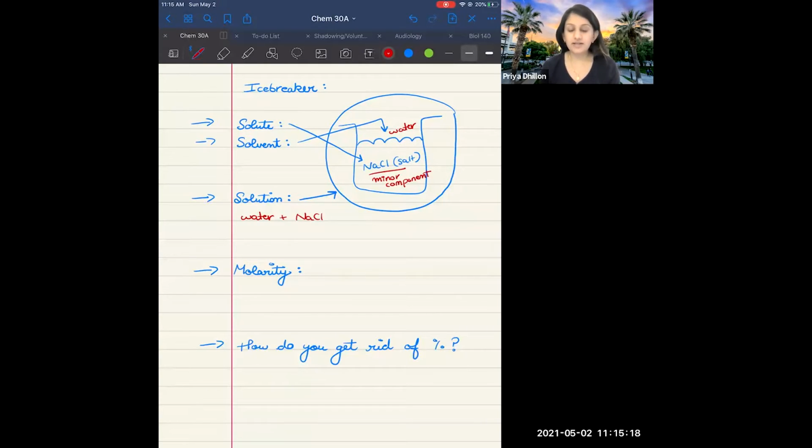Okay. Does anybody know the formula for molarity? The hint is it's something over something.